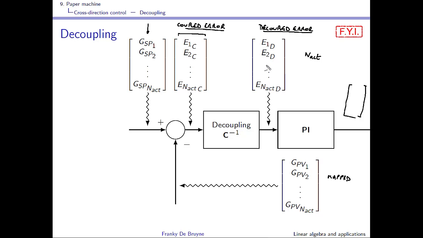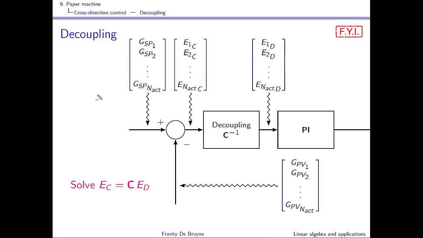In this vector here we have errors where you have removed the coupling effect, so you can make the assumption then this decoupled error can be brought to 0 by only acting on the corresponding actuator.